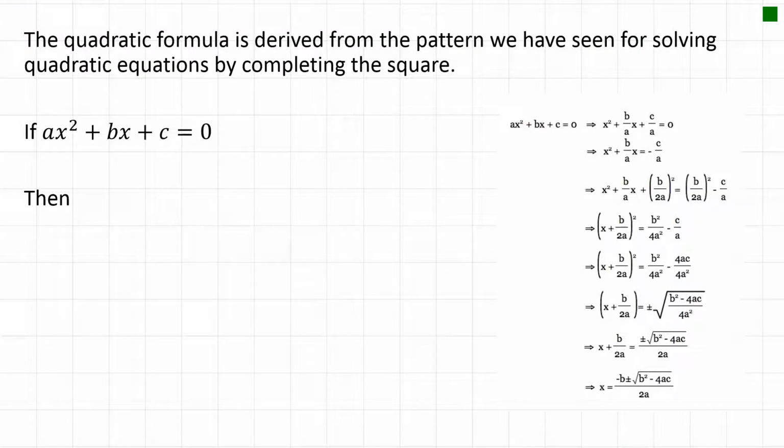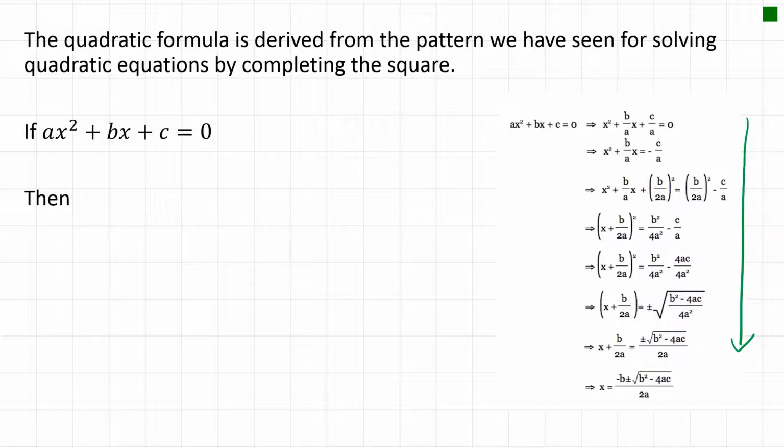The quadratic formula is a formula that allows us to solve any quadratic equation in the form ax squared plus bx plus c equals 0. And it's derived from this pattern that we've been seeing when we've been completing the square, only it's derived with these generic a, b, and c values. You can see the derivation here on the right, but I'm not going to go into it in detail.